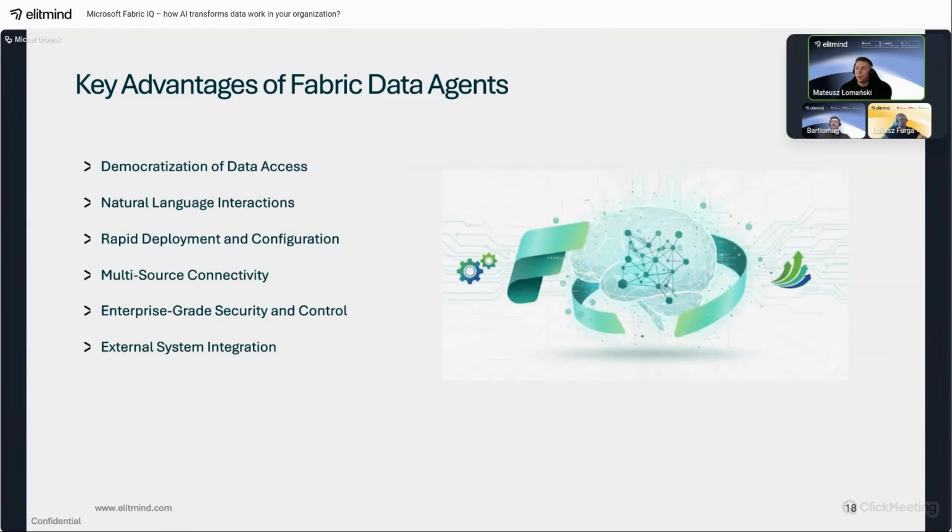Rapid deployment and configuration. Unlike traditional BI solutions that can take weeks or months, data agents can be configured and launched much faster. Multi-source connectivity. The agent can pull data from lakehouse, warehouse, semantic model, KQL database, mirrored database, all in one place.